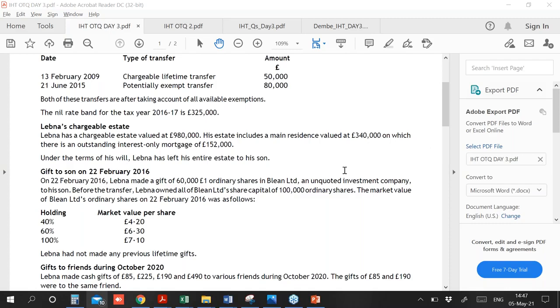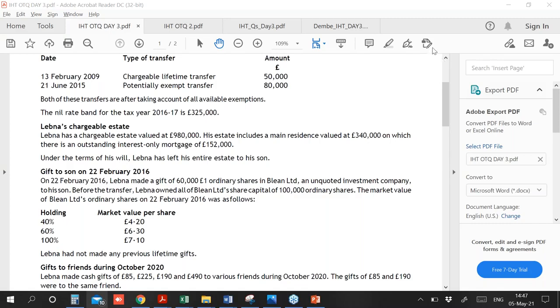More answers, please. All of you who are saying yes are wrong, because I told you that if your property is less than the amount of RNRB available to you because of the mortgage, your RNRB will be restricted.